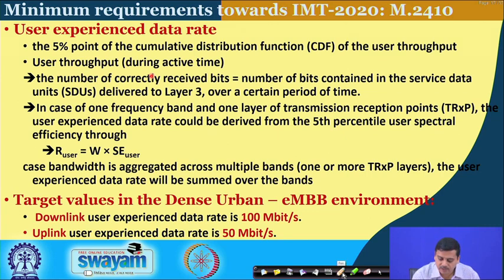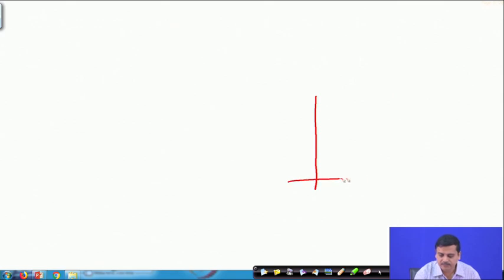So, roughly speaking, let us say this is the user data rate in bits per second, and on this side you have the probability that the data rate is less than the abscissa.